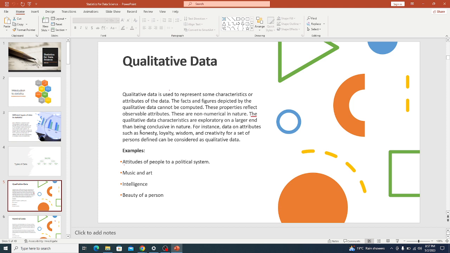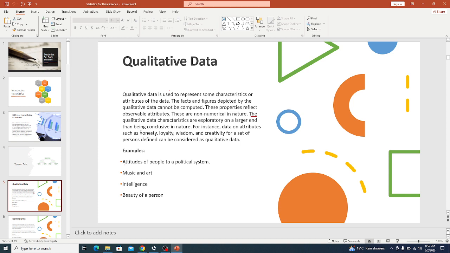Under qualitative data, we have examples like the attitude of people to a political system. You can also do a survey to get opinions, like opinion polls, or to get the attitude of people towards a certain political system.